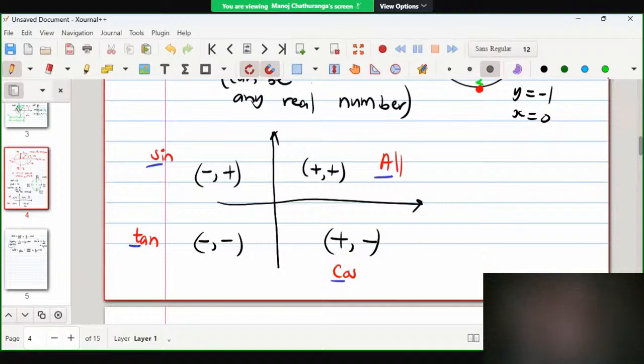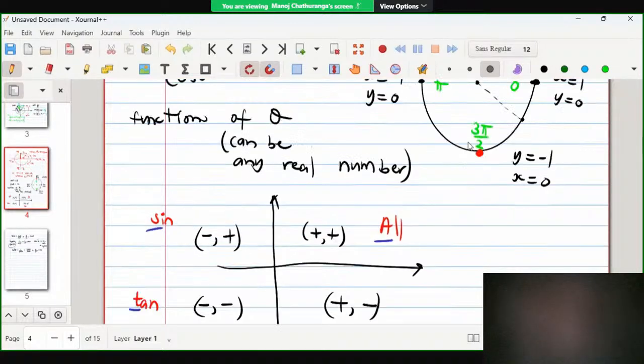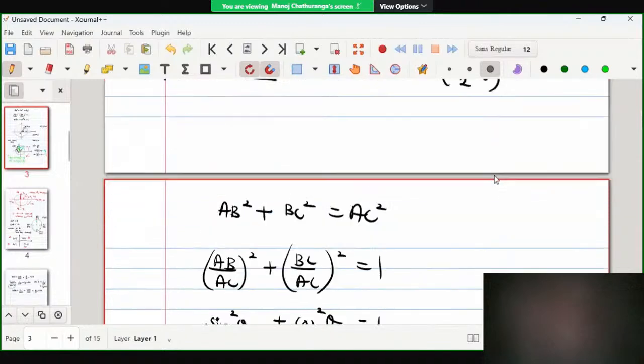Or some people say South African cricket team. Whatever. You can use any phrase that is convenient for you. But anyhow, you should memorize this. So sine, cosine, and their variants.